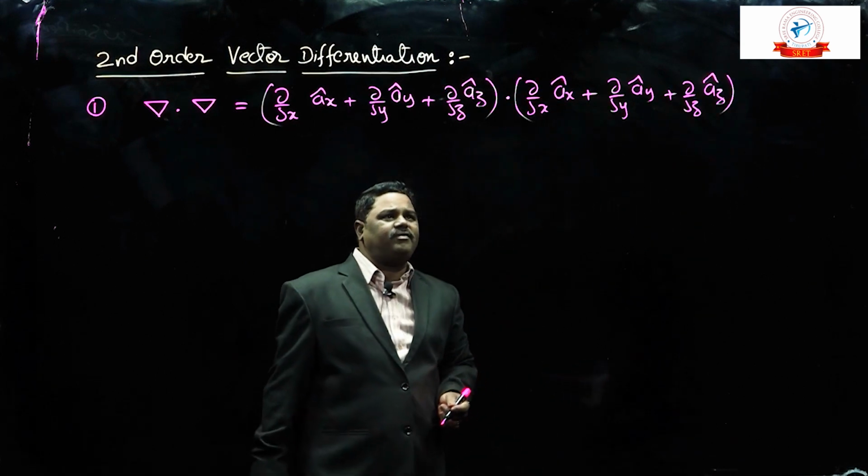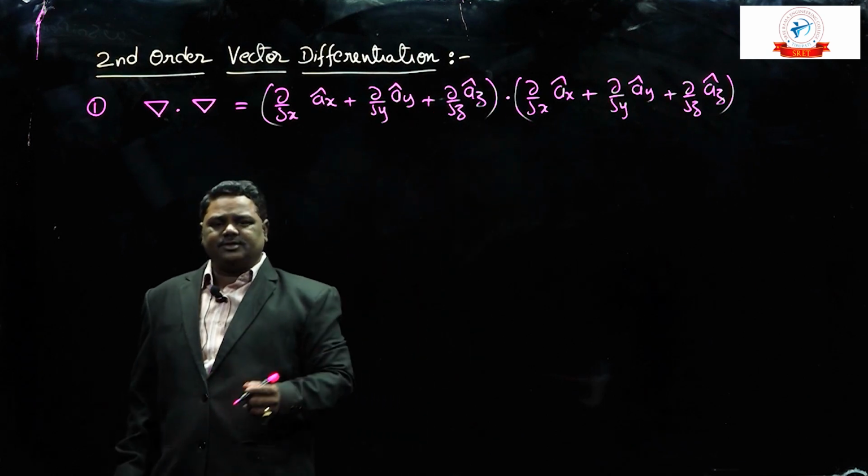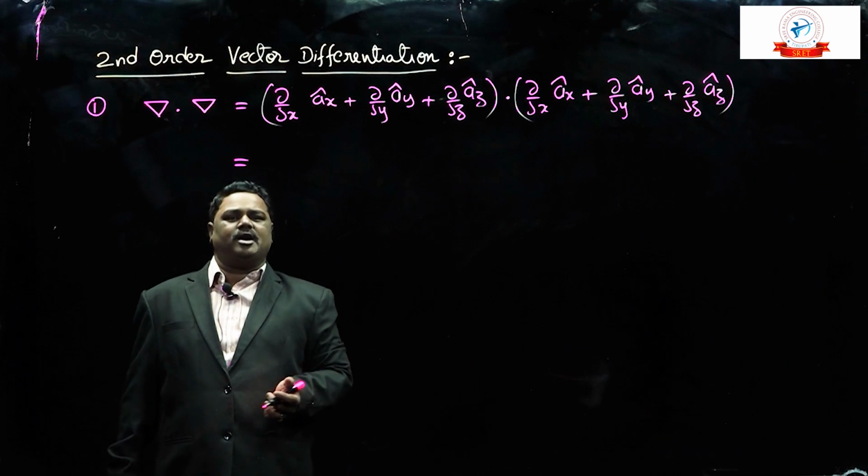So here we are performing dot product between two similar vectors. How do we perform dot product? Just multiply similar components.